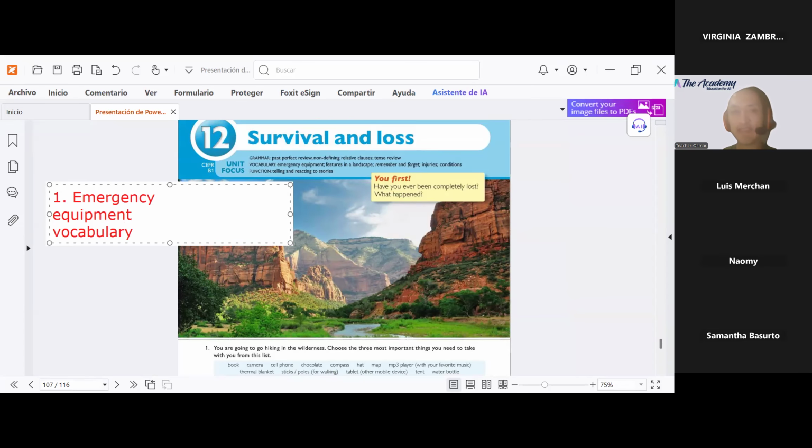Can you help me, please, Samantha? Don't focus on the princess, don't focus on Snow White. I need you to please tell me the word. The word here is an emergency equipment. Tell me, please, Samantha, what is it?